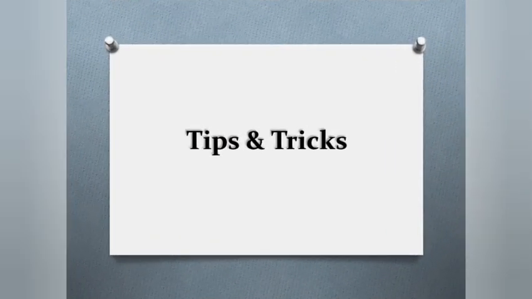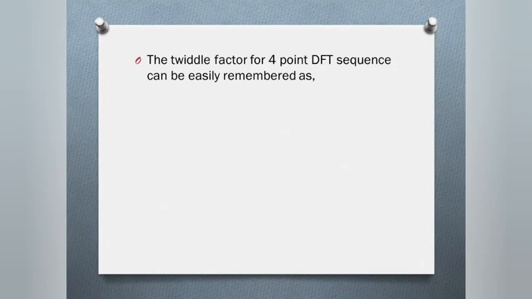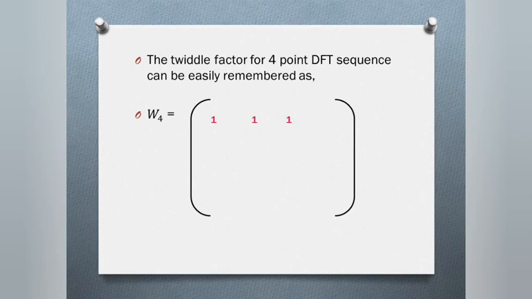Tips and tricks. The twiddle factor for the 4-point DFT sequence can be easily remembered. W4 is equal to, it's going to be a 4x4 matrix. Initially fill the first row, the first column and the third column with ones. This is the first step. Next, in the remaining places of the second column and the fourth column, fill by j, 1, j, j, 1, j.